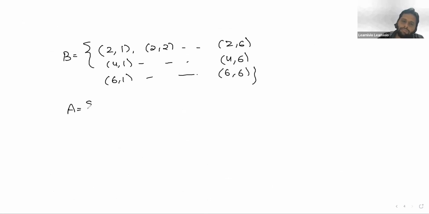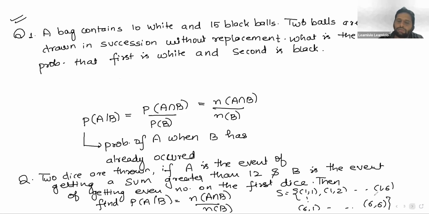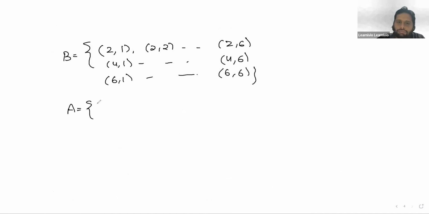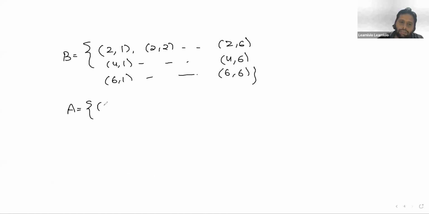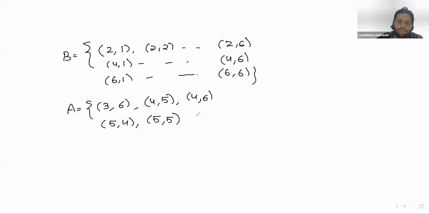And what is a number greater than 12? Oh, sorry, not greater than 12, greater than 8. So 1 will not come, 2 will not come; 3 comma 6, 4 comma 5, 4 comma 6, then 5 comma 4, 5 comma 5, 5 comma 6, next 6 comma 3, 6 comma 4, 6 comma 5, 6 comma 6.